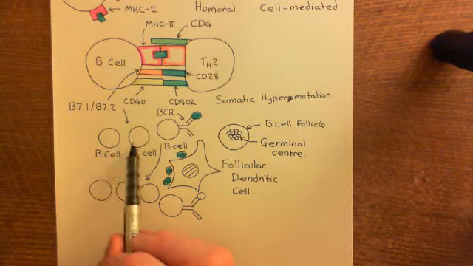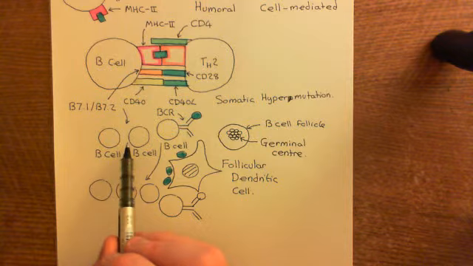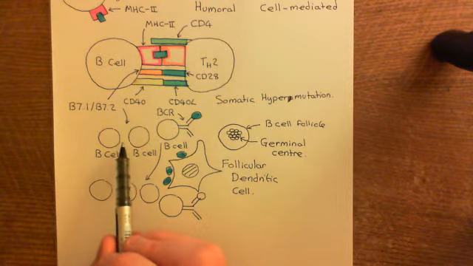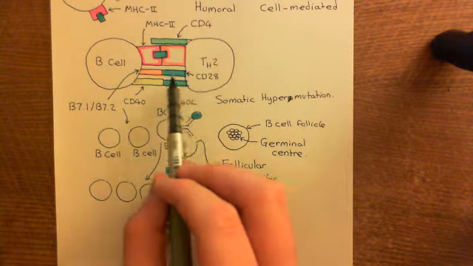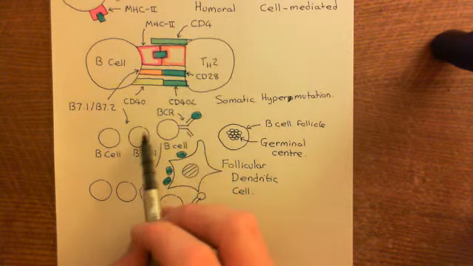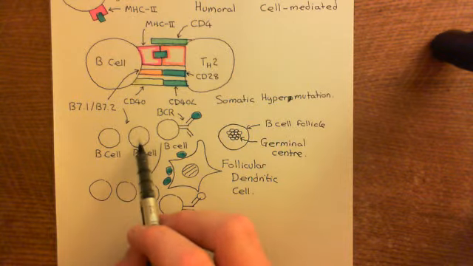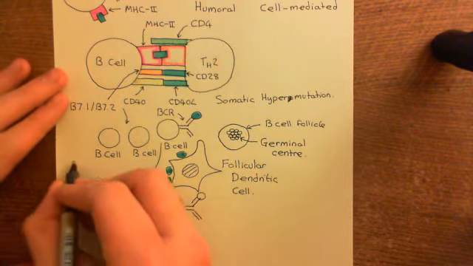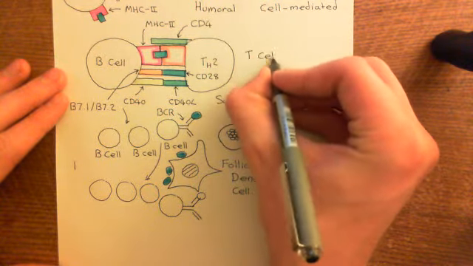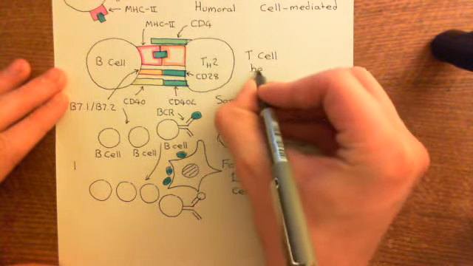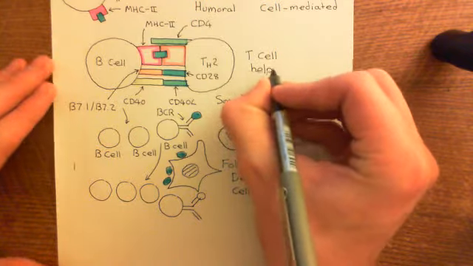Whereas the ones which undergo mutations that mean that their B cell receptor is less good at binding to the antigen, those will not get antigen, they will not present it to T helper 2 cells, and they will undergo apoptosis. So if they don't get T cell help, as it's called, so this process here is known as T cell help. If they don't get T cell help, they die, basically.